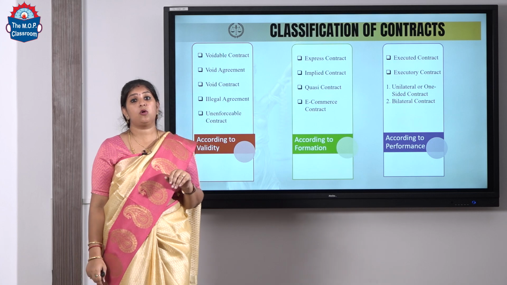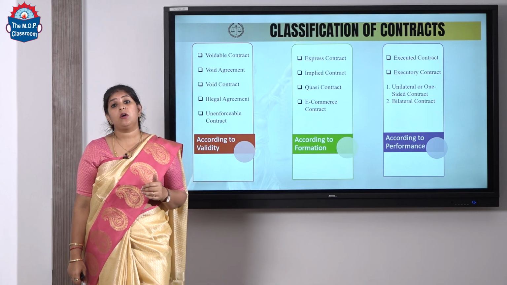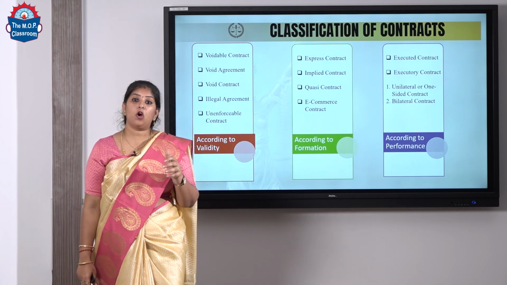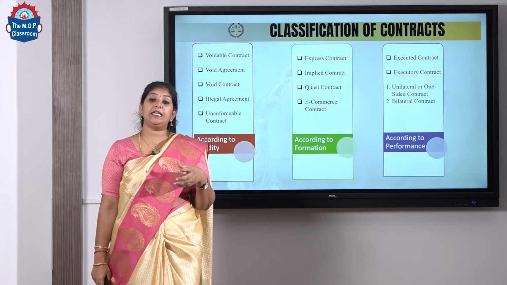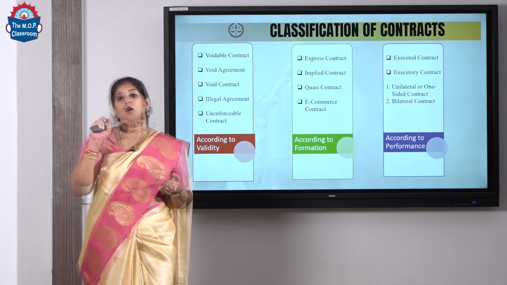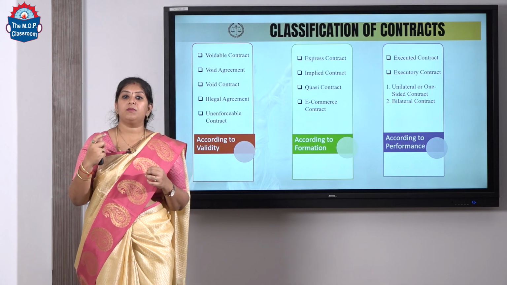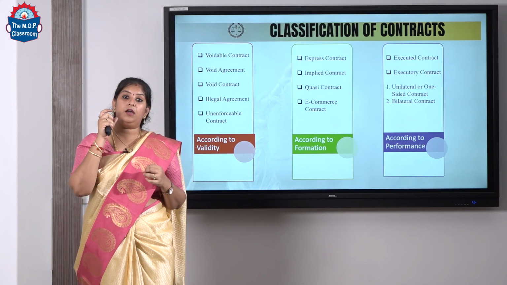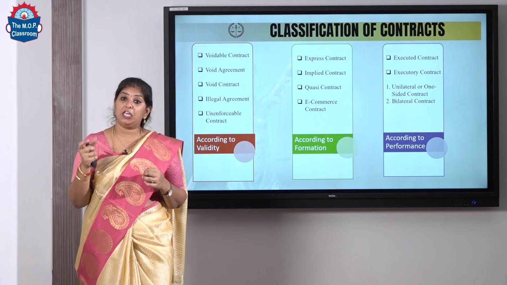The third one is called a quasi-contract. Quasi-contract is something which is not a contract at all, but it creates a legal obligation which is imposed on the person. It is based on the concept of equity.